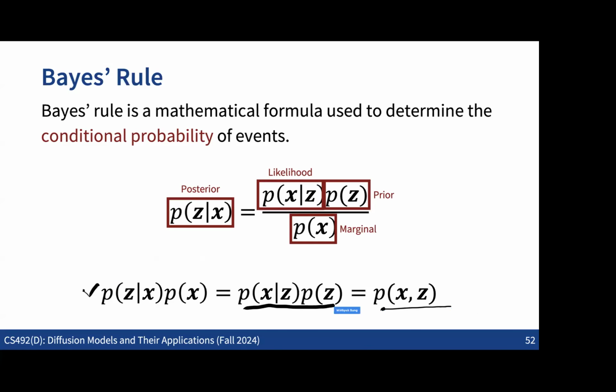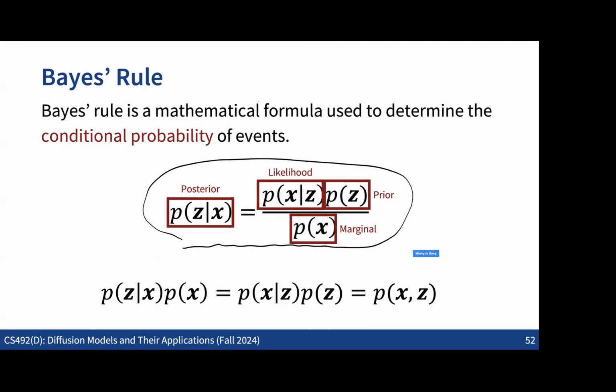Given this relationship between the conditional, marginal and joint distributions, we can derive the relationship across them. So given the prior and the likelihood, which is the conditional distribution from z to x, we can see the relationship with the marginal distribution here and the posterior distribution here, right?